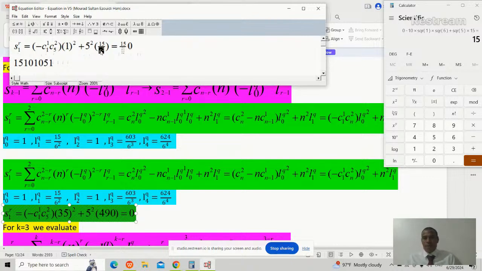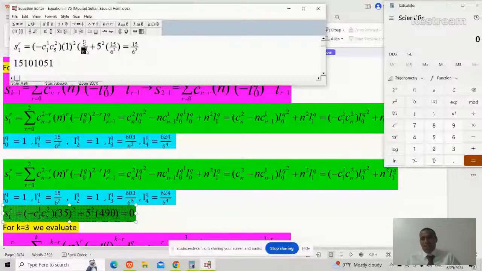I will repeat this again in front of you. I should multiply this by 6 and divide by 6 to have a common denominator. So I make 6 squared divided by 6 squared, which is exactly 1, to get a fraction.